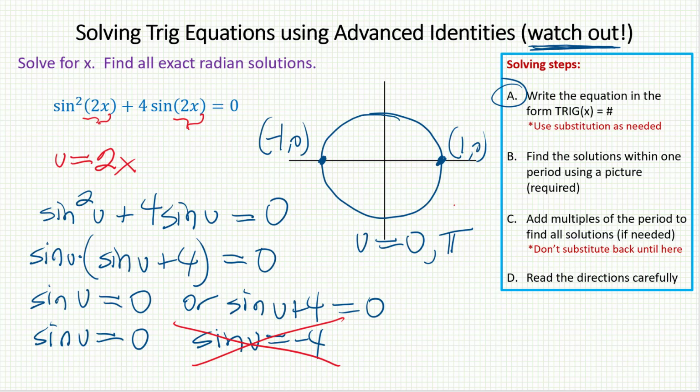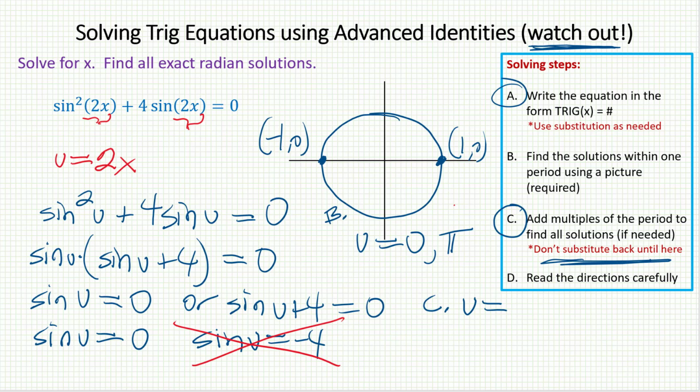Remember, u was something that we made up. It wasn't in the problem. We do eventually have to go back to x, but we can't do that with u substitution until we finish step C, until we write down all of the solutions. So essentially this was step B. Step C, for u, do I need two lines here? I don't think I do.